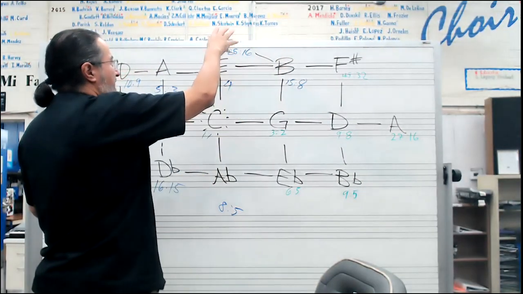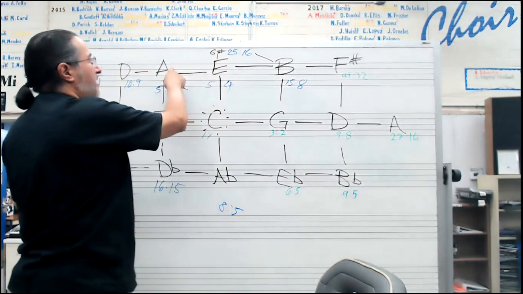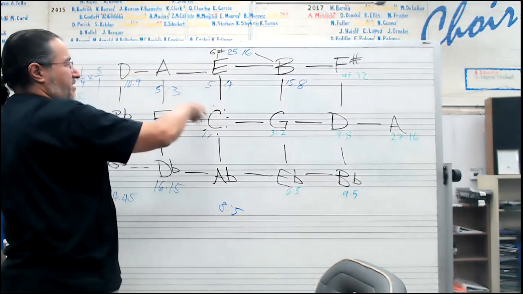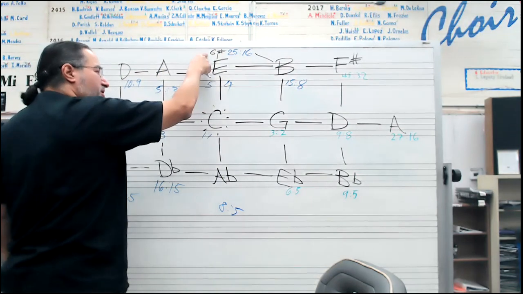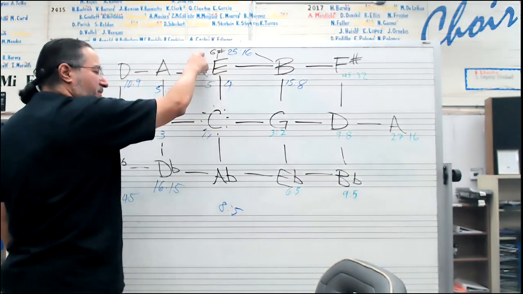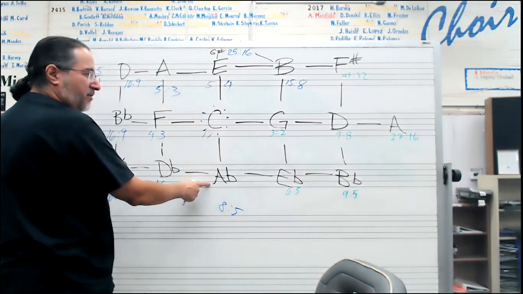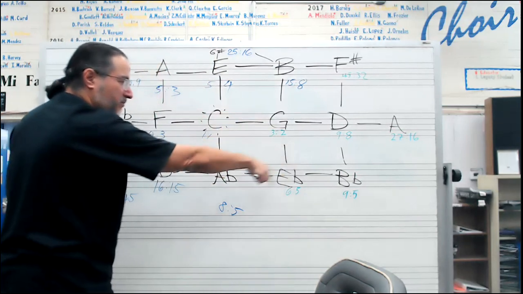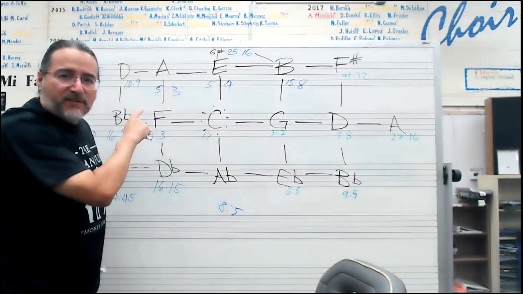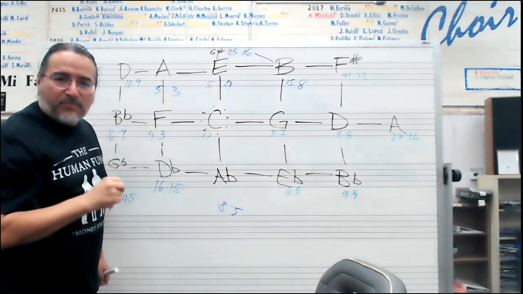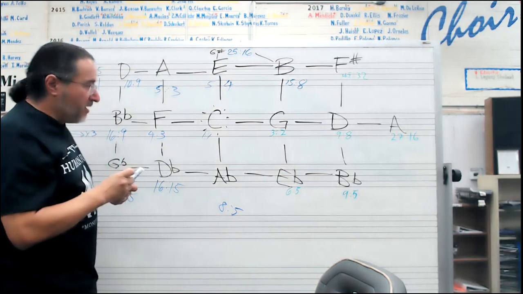And then that could be connected to the A, because there's A C E, which is A minor. The G sharp of A minor is different than the A flat of C minor. This one's 8 to 5, this one's 25 to 16. A flat and G sharp are not the same thing, right?